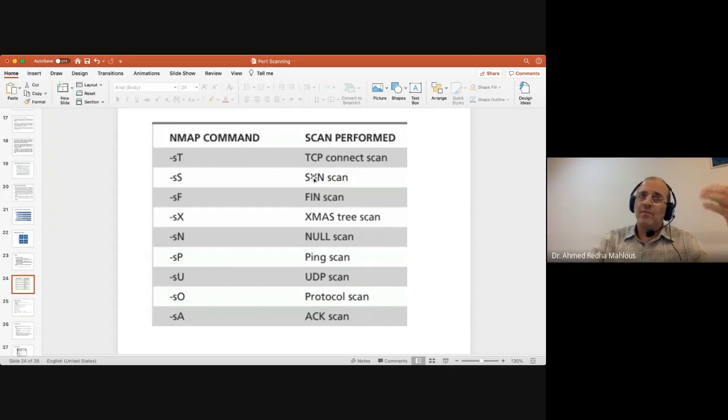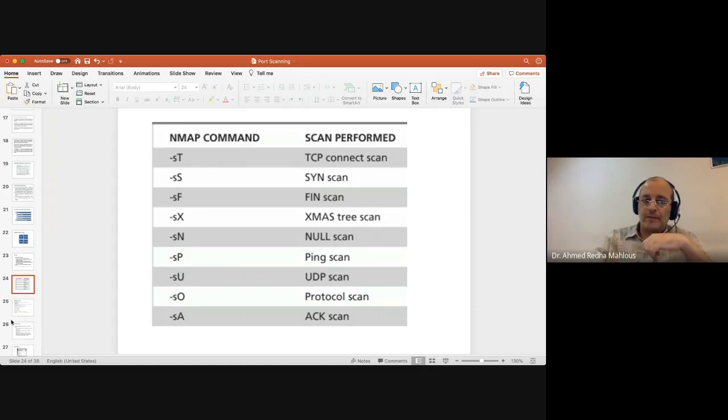But there are other approaches you can use to evade a firewall or an IDS system, such as sending small packets. Instead of sending one big packet, I will divide it into chunks. Those small packets can evade being detected by a firewall or an IDS.